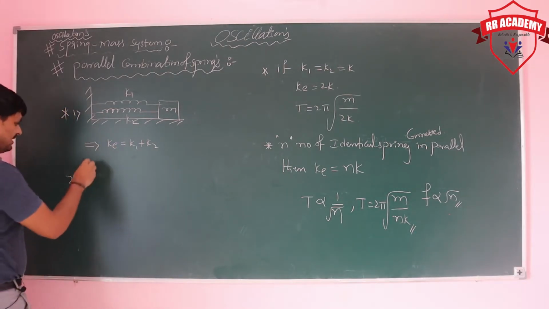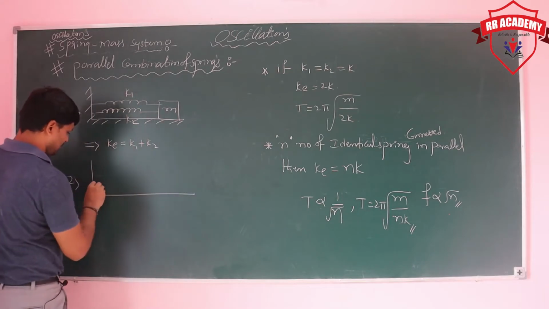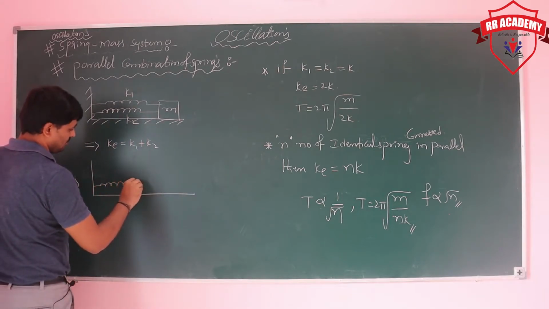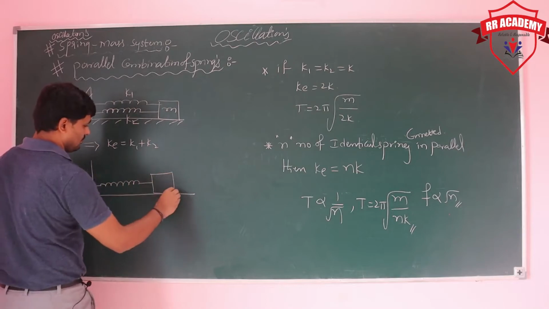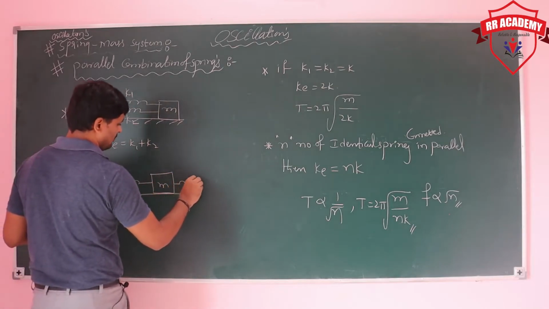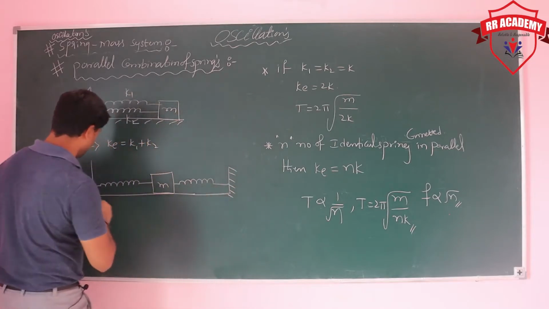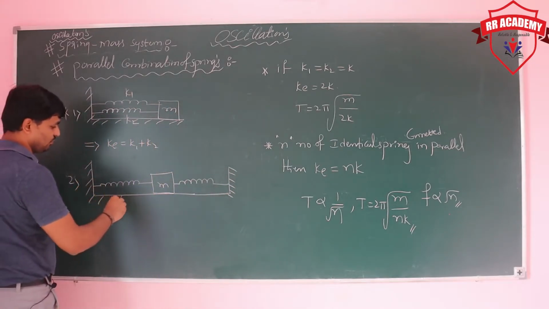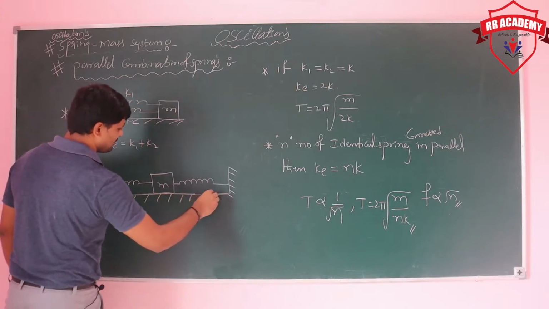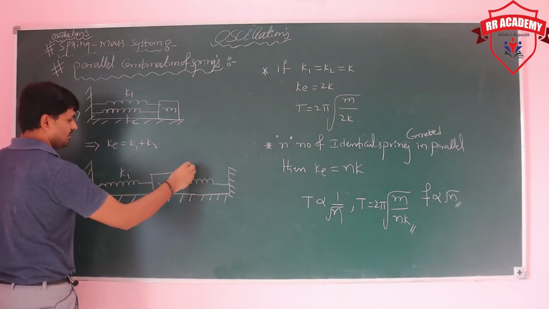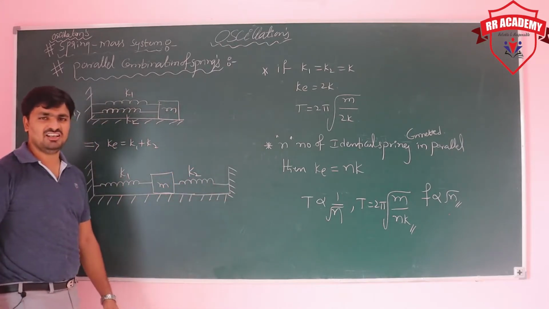Next, see one more. A mass M is connected between two springs of spring constants k1 and k2.